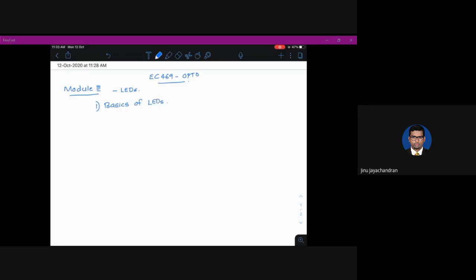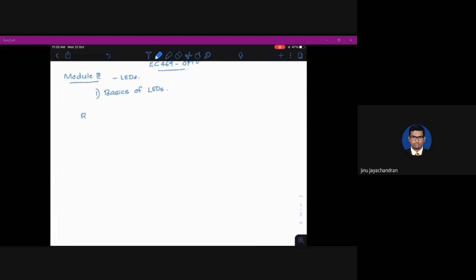Okay. So just to recap, I think we have studied in our lecture number 3 or 4 that the recombination rate is equal to the excess carrier delta n divided by the excess carrier lifetime tau.